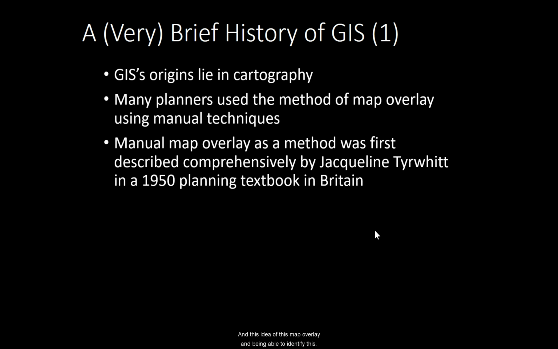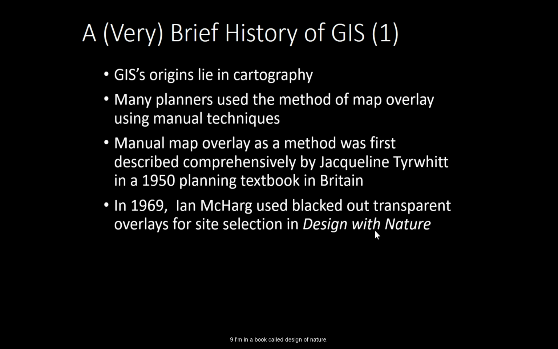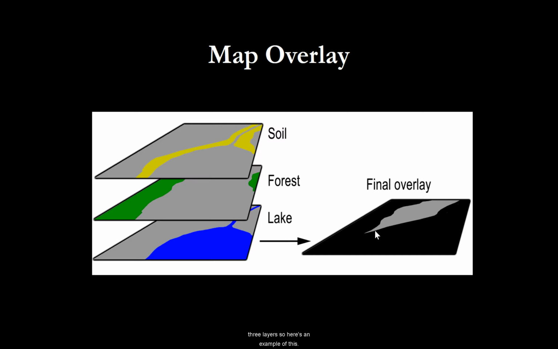And this idea of this map overlay and being able to identify these blacked out transparent areas where there was a lot of commonality took place in 1969 in a book called Design of Nature. Okay, so imagine that we have a layer of soils, a layer of forest, a layer of lake, and the final overlay is going to tell us where exactly there's a commonality with all three layers.